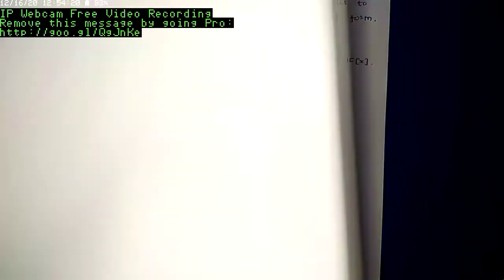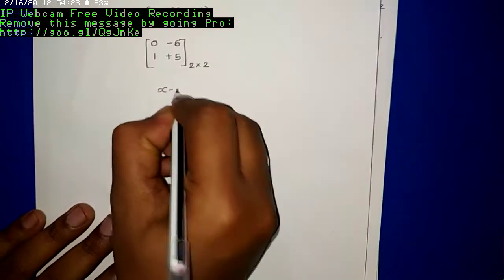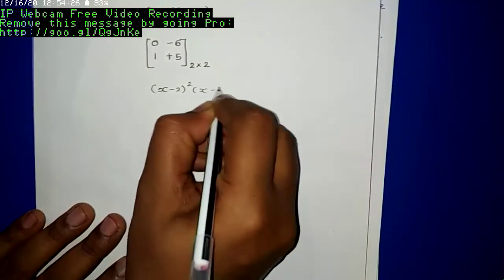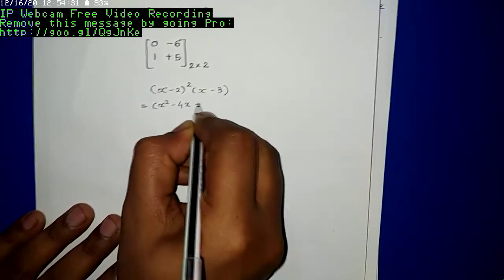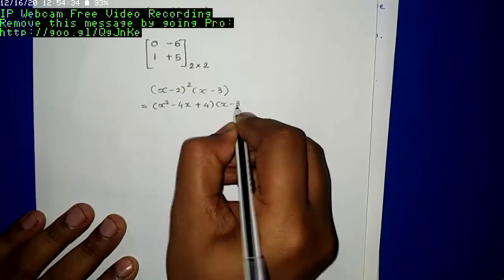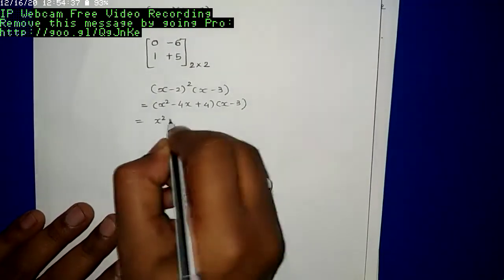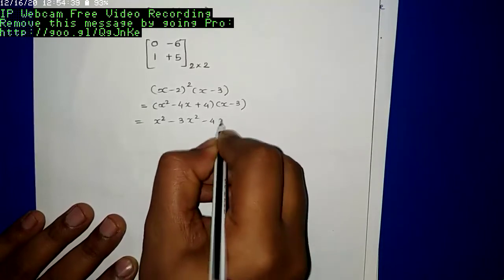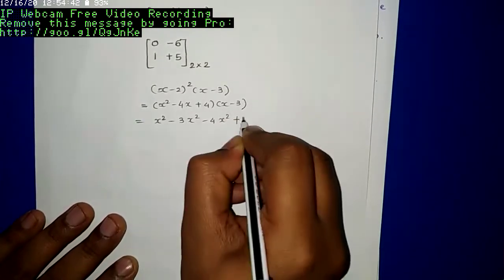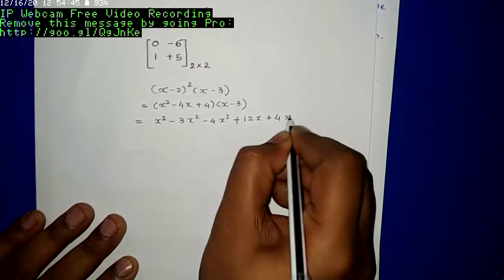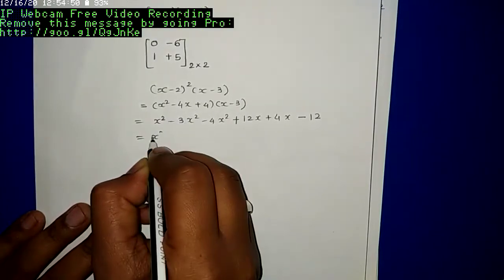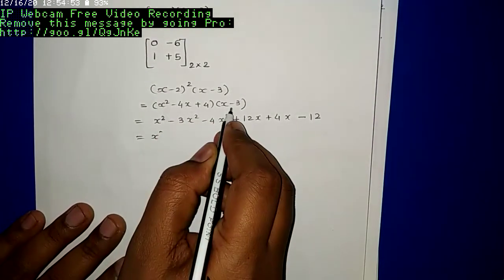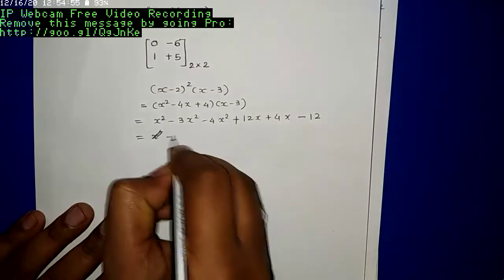Now the next example is x minus 2 squared times x minus 3. If we solve this, we get x squared minus 4x plus 4 multiplied by x minus 3, that is x cubed minus 3x squared minus 4x squared plus 12x plus 4x minus 12.